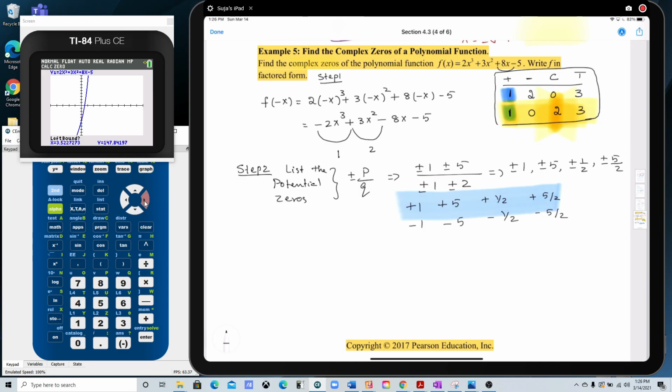Left bound, so bring your cursor to the left side, go to the right. There it comes. Enter, right bound, enter, enter again. So that is giving 0.5. So when x is 0.5, from here I'm figuring out that this is one of the zeros.